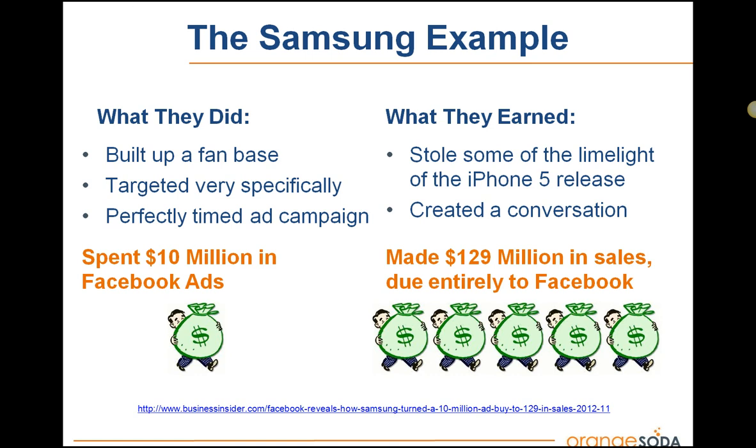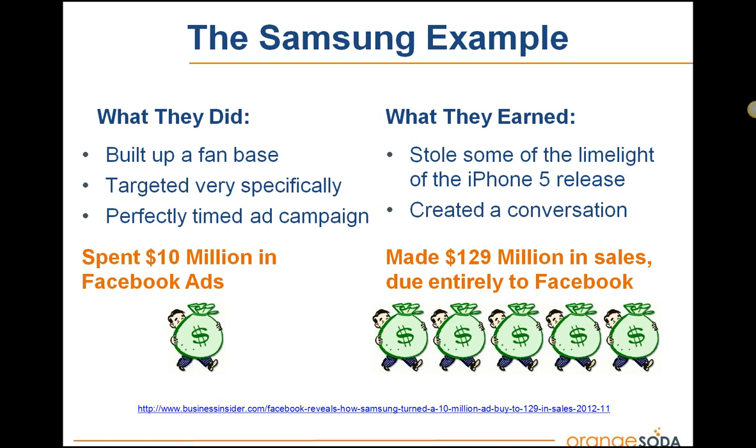What they did was they built up a fan base on Facebook and social media in general. They targeted very specifically with their Facebook ads, nailing down who exactly they wanted to advertise to and who they didn't want to advertise to. And then they timed their ad campaign perfectly.